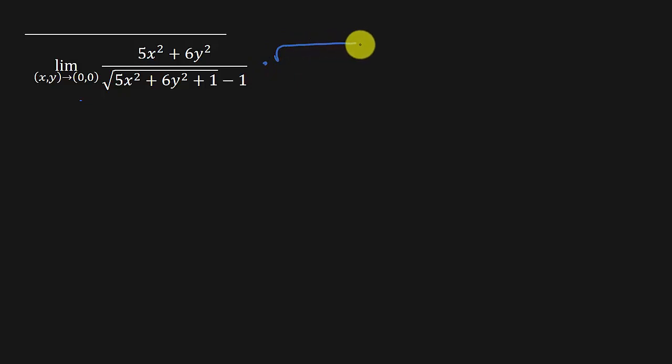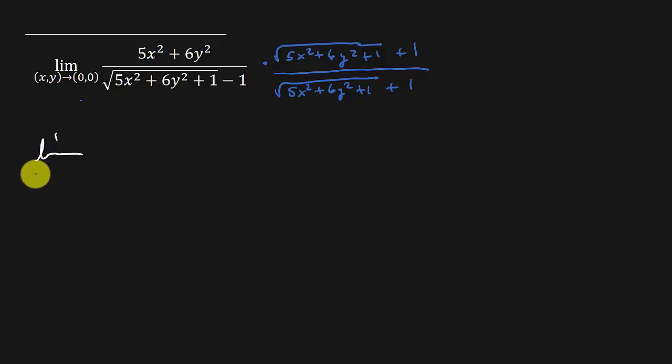What if we multiplied the numerator and denominator by the conjugate of the denominator? So if we do that, that gives us the limit as (x, y) goes to (0, 0).